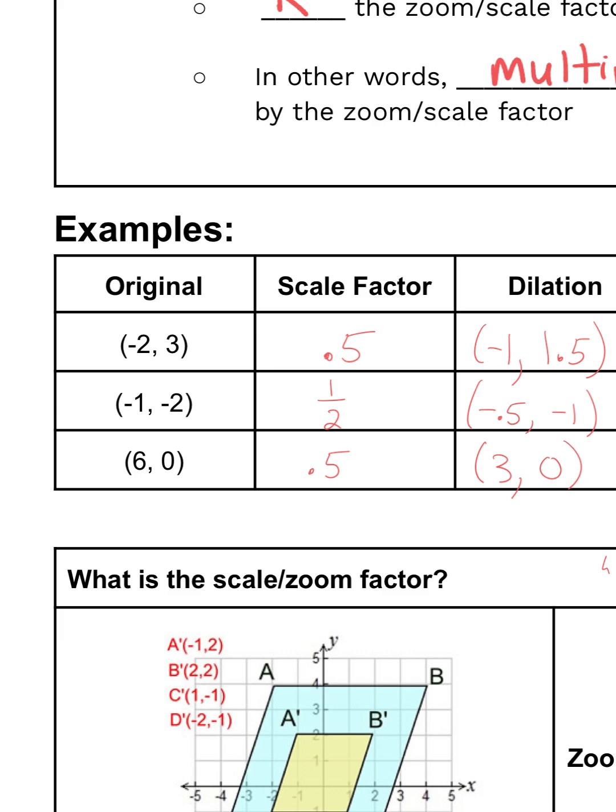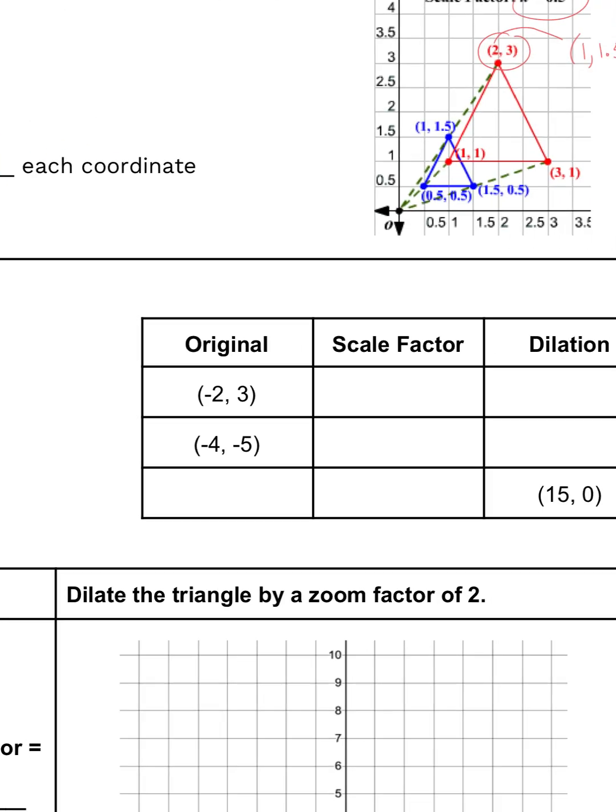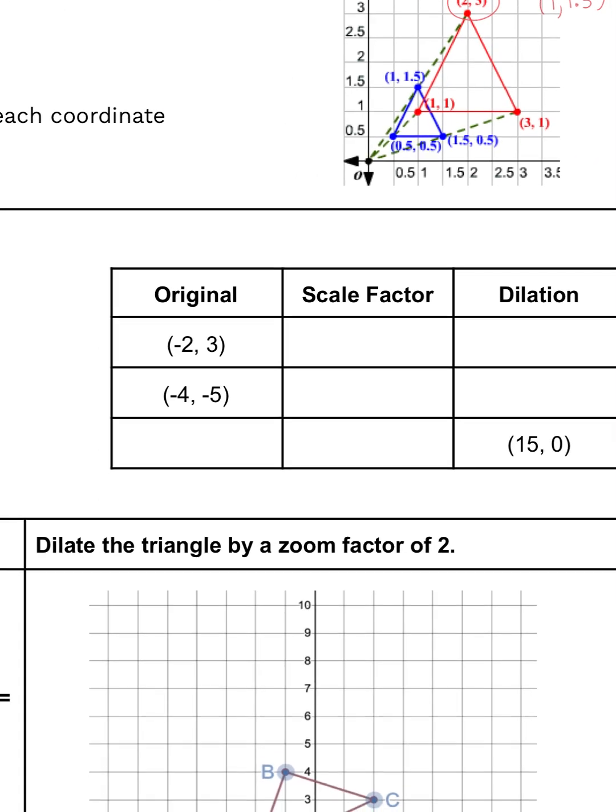Ready? Now let's go over here. What if we give you a scale factor of 4? We simply multiply -2 times 4. -2 times 4 is -8. And if we multiply 3 times 4, that gives us 12. So this point is enlarged by a scale factor of 4.